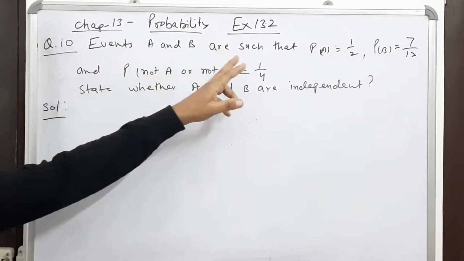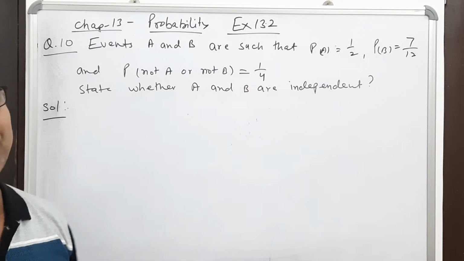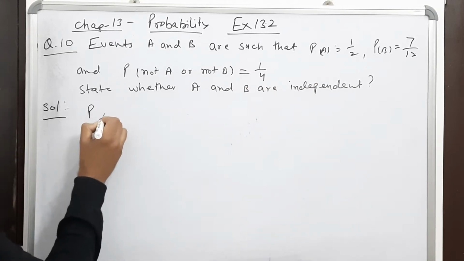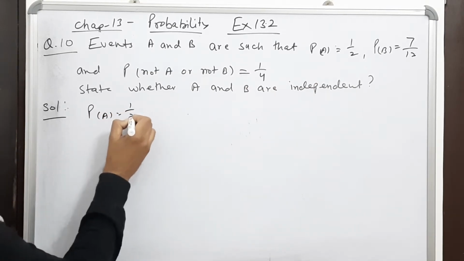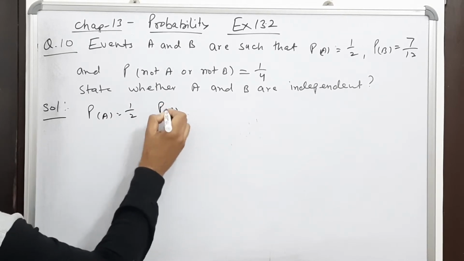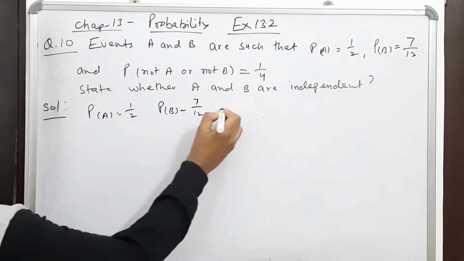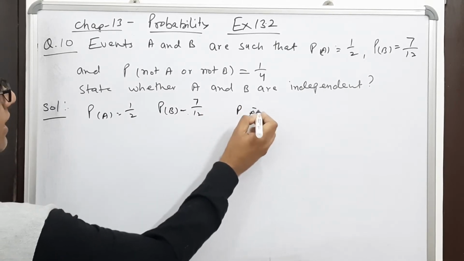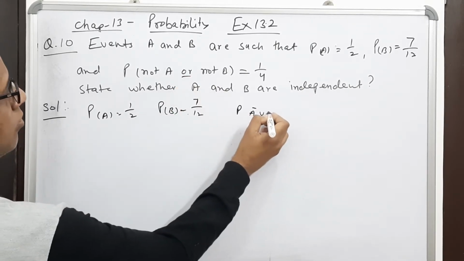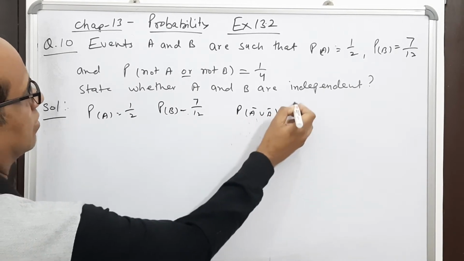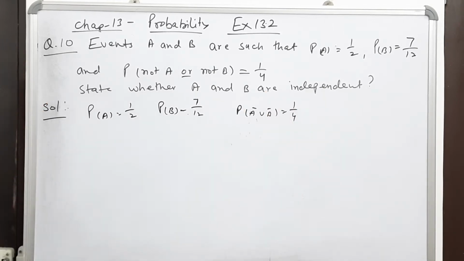A and B are events such that P(A) is given and P(B) is given. Now P(A) is 1 by 2, P(B) is 7 by 12, and P(not A or not B) is 1 by 4.